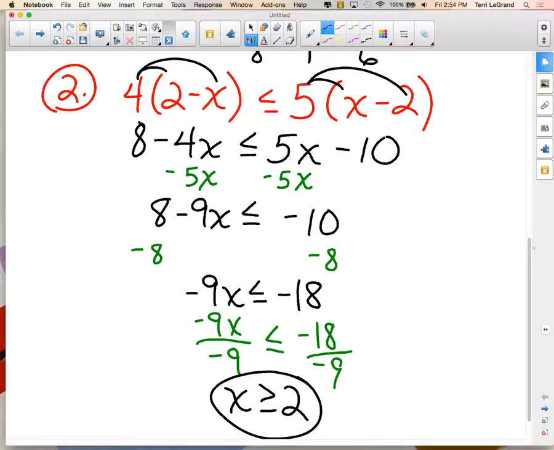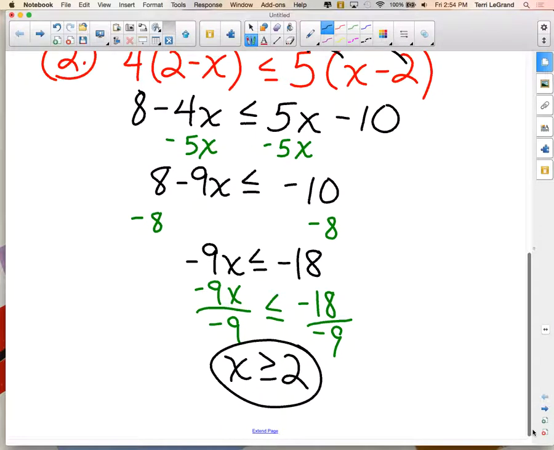When you're done, you can look up and see if you did it my way. Because then I want you to verify if I did it right or not. Anybody do it my way? Sophia, you did? Okay. Are we in agreement?